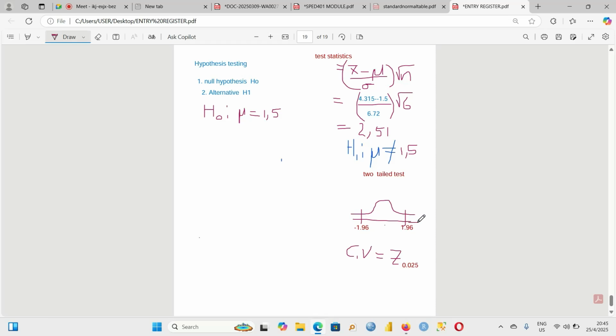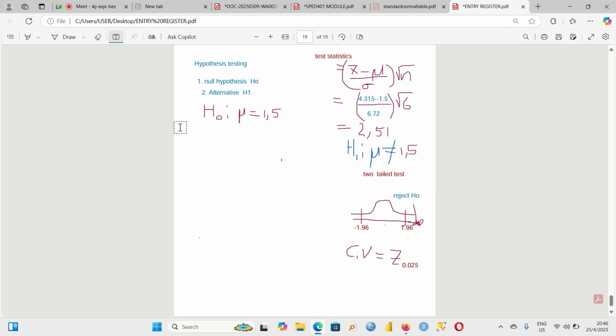Where is 2.51? 2.51 is beyond 1.96, in the rejection region. So we reject H naught.